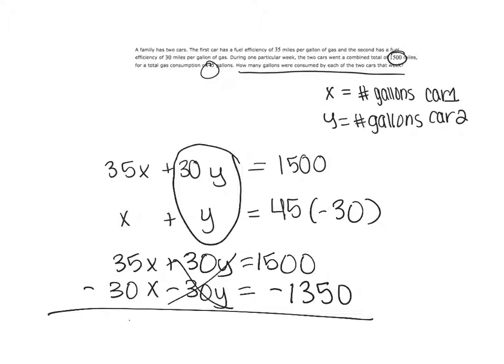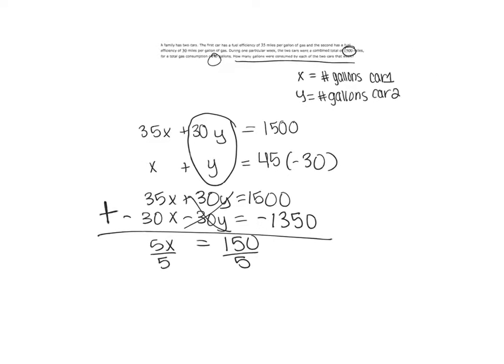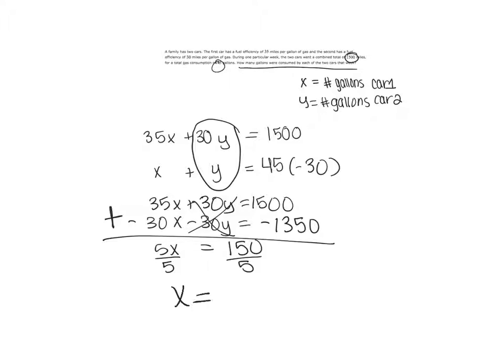I'll have 5x is equal to 150. Divide by 5, divide by 5, to get x equals 30. So the first car consumed 30 gallons, and if I take 30 plus y equals 45, I'll have y equal to 15.